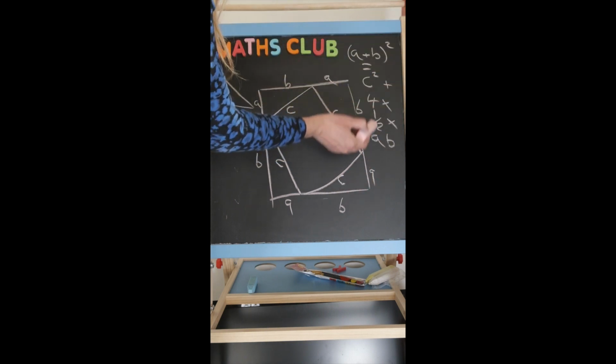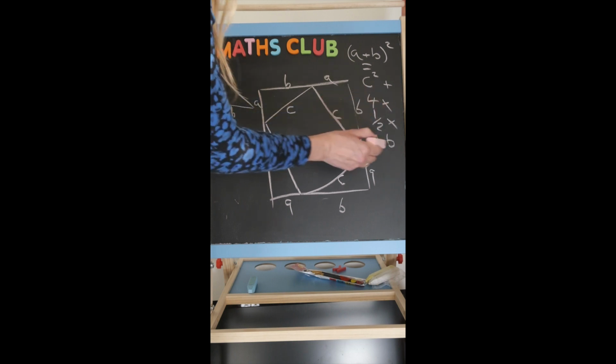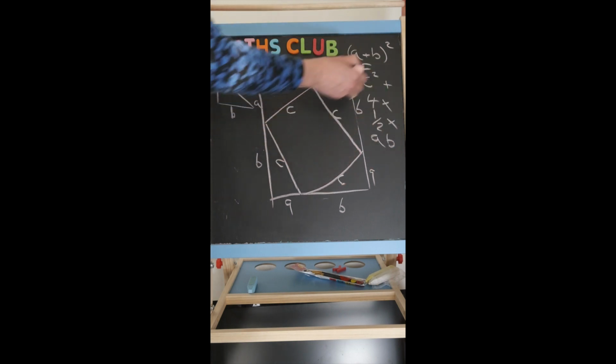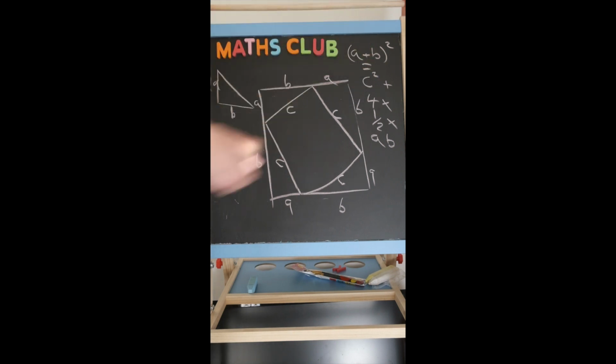This is 4 times a half times AB, which will reduce to 2AB. The 2ABs will cancel on either side, and it will leave you with C squared equals A squared plus B squared. So there you go, there's a proof of Pythagoras theorem.